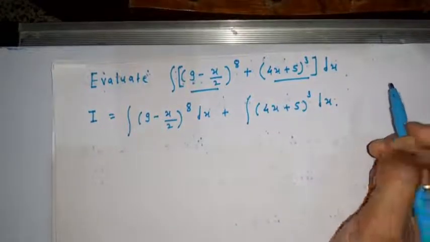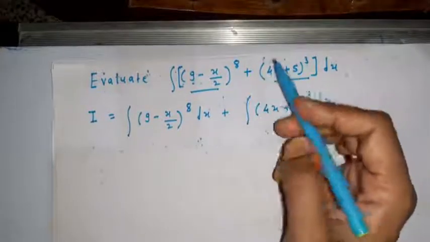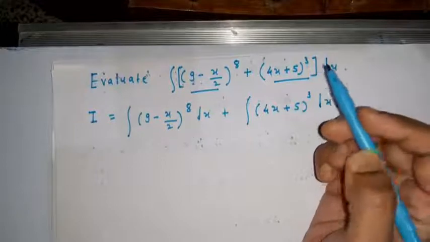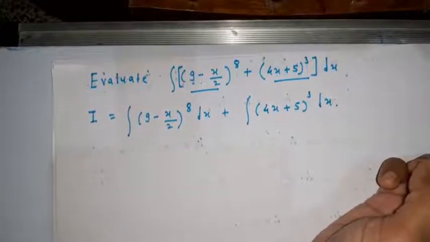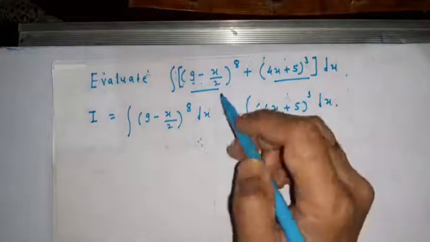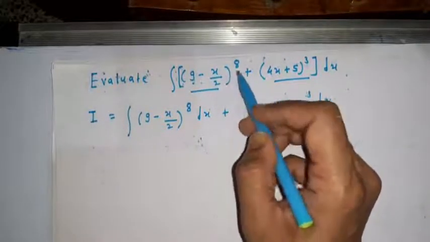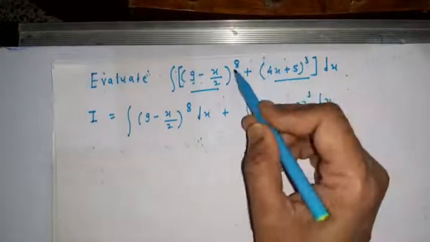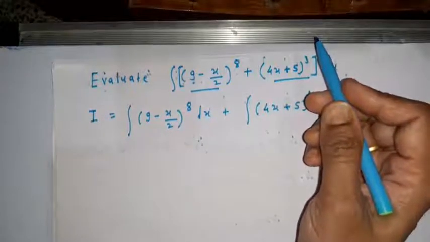So students, in last example there was the whole square, and by using the square formula we simplify the bracket and found out the integration step easily. But now in this problem the power is 8 and the expansion of this power is quite difficult, and that's why by using directly formula we have to solve the integration.